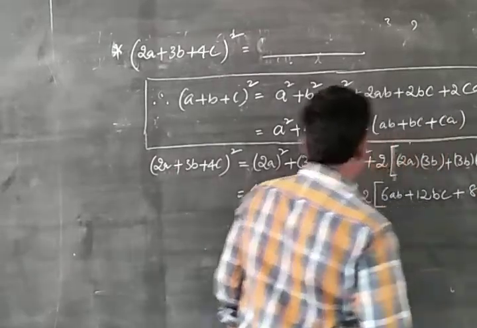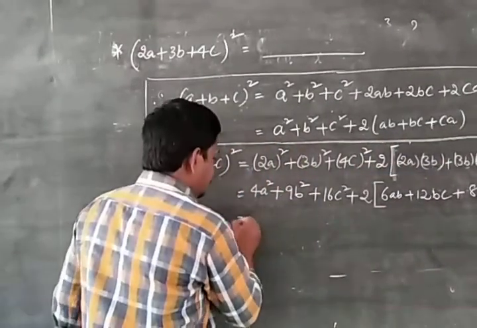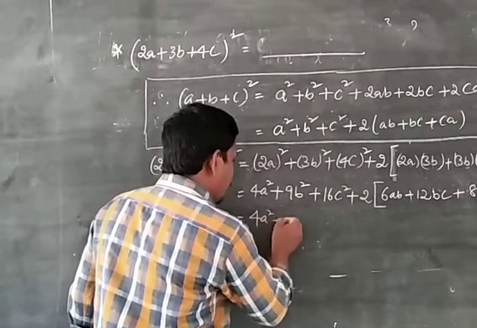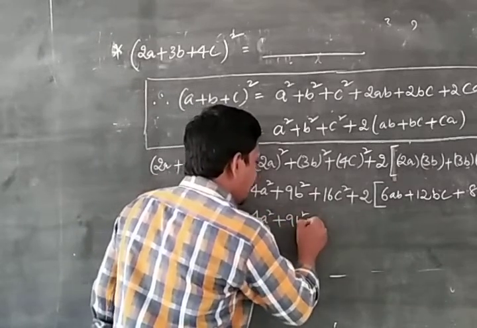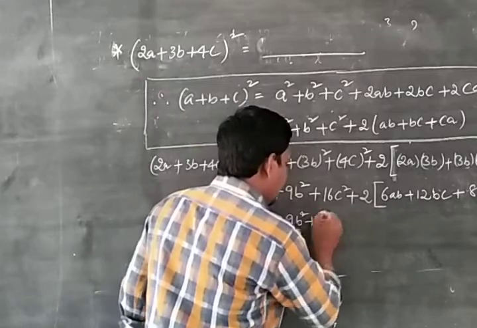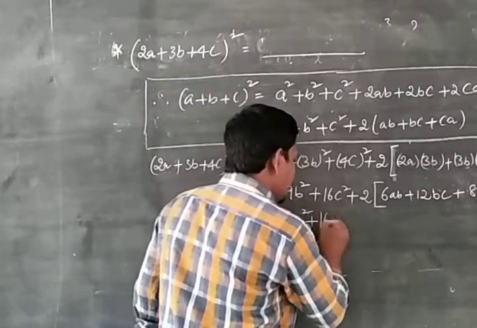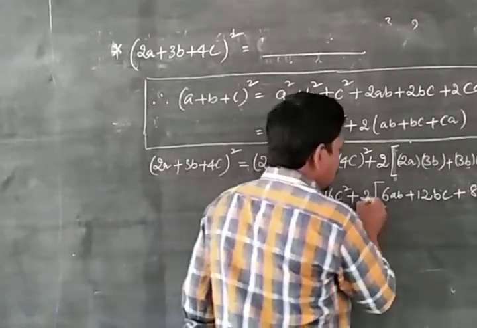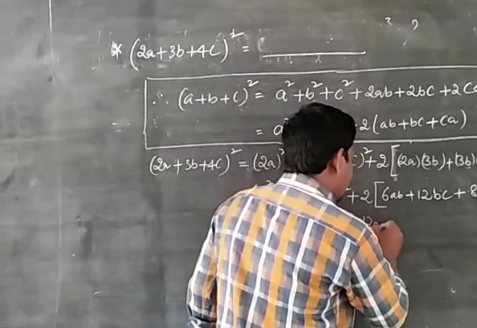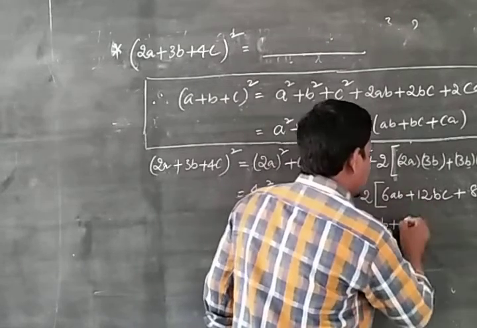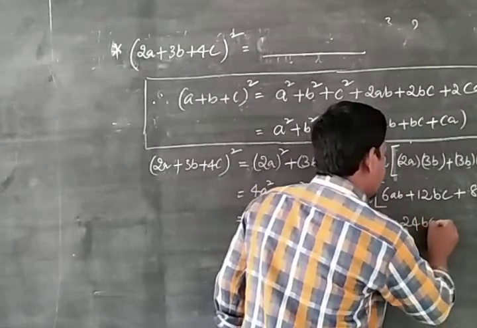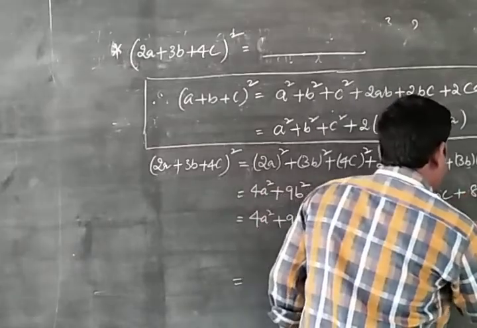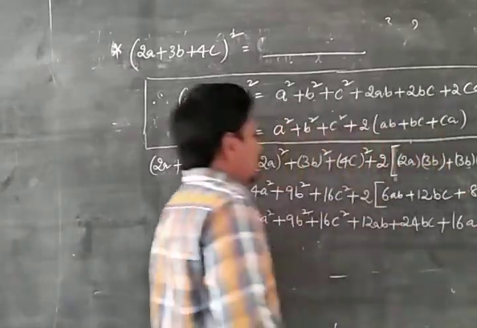This is 4a square plus 9b square plus 16c square equal to 2 6s are 12ab, 2 12s are 24bc, 2 8s are 16ac. Okay, this is the problem.